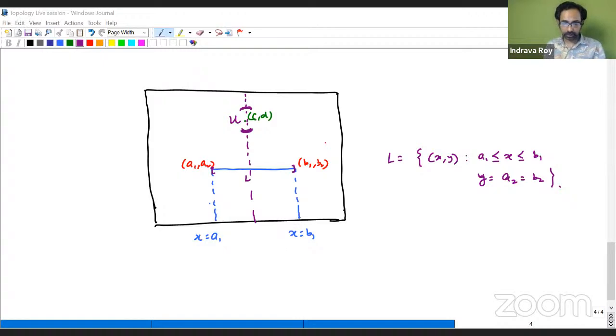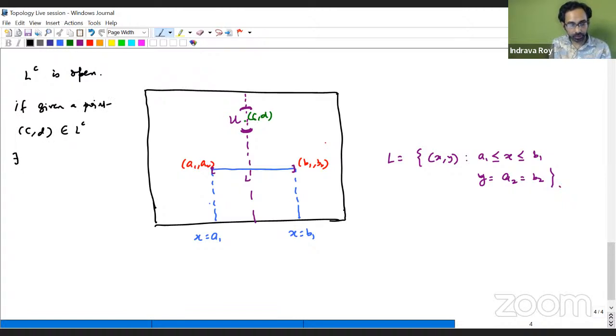So for such a point, we can always find an open neighborhood which does not intersect L. What we are proving here is that L complement is open, meaning that given a point CD in L complement, there exists an open neighborhood U of CD such that CD is contained in U, and U is contained in L complement.